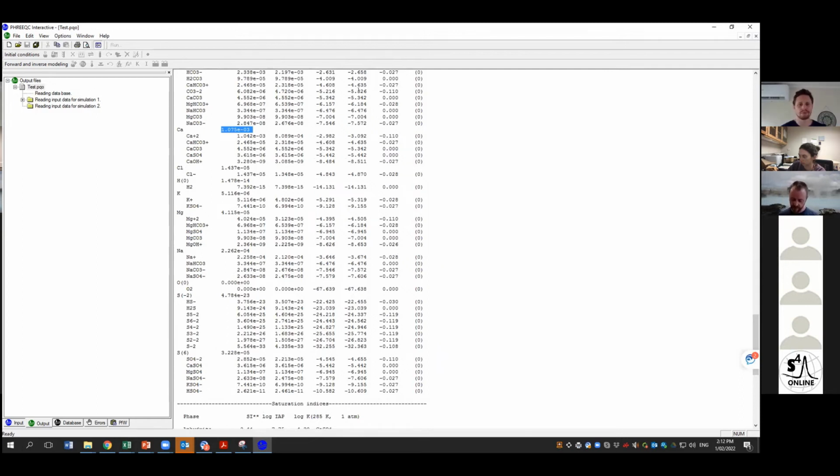So we can see that, and this is molar, so it's initially hard to intuit what this means, but there's certainly less calcium in the water now than there was at the beginning.